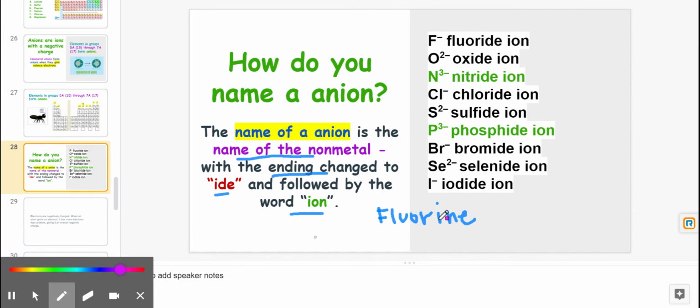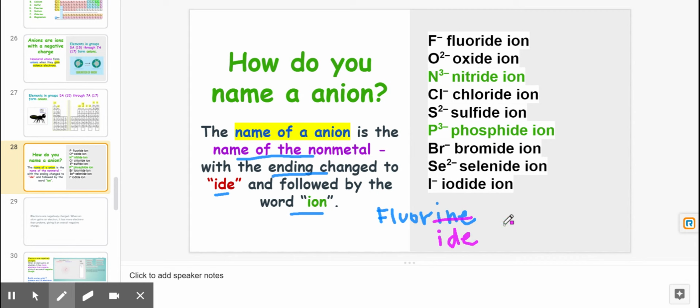So we're going to change the ending from INE to IDE. So now it's fluoride, and then we add the word ion. Fluoride ion. And you may have heard of the fluoride ion because the fluoride ion is found in your toothpaste.